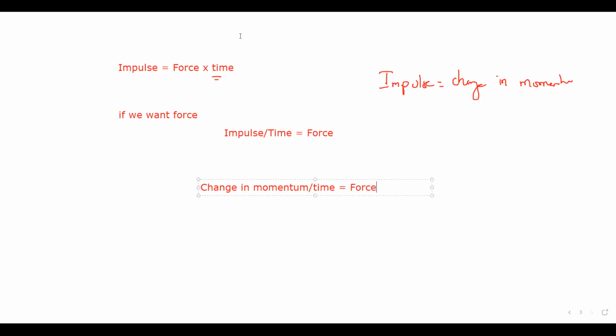Is it clear? It's the same formula, but we can change it to get the force. If we need force, force will be impulse divided by time, or impulse is also known as change in momentum. So change in momentum divided by time is equal to the applied force as well.